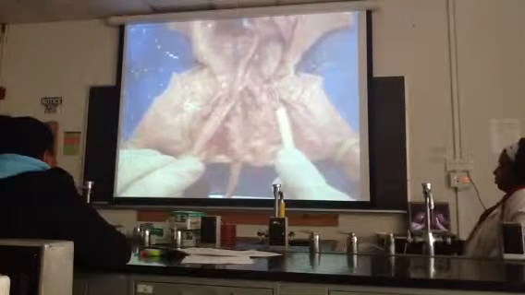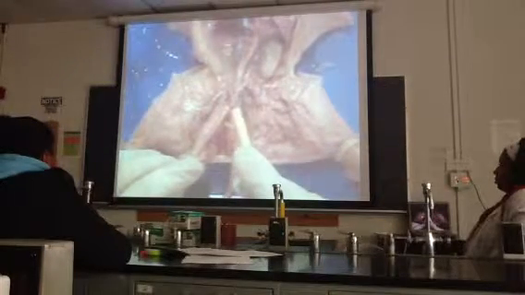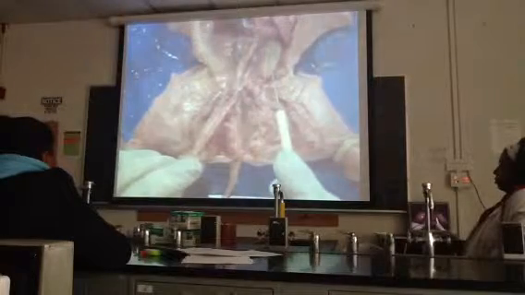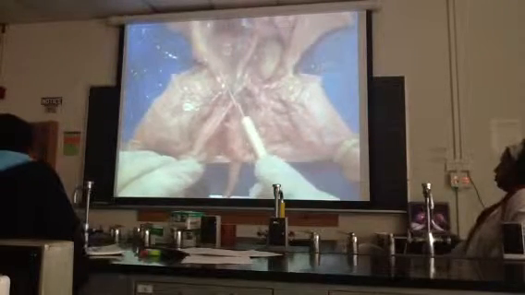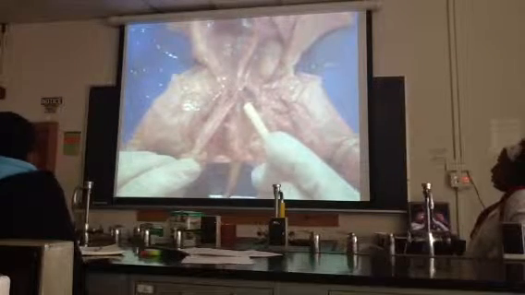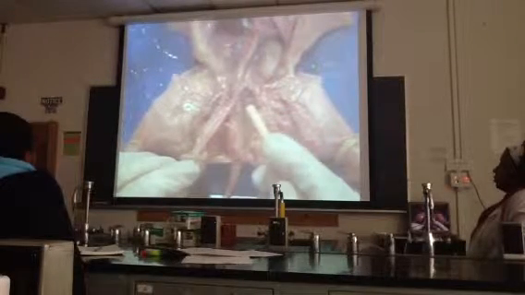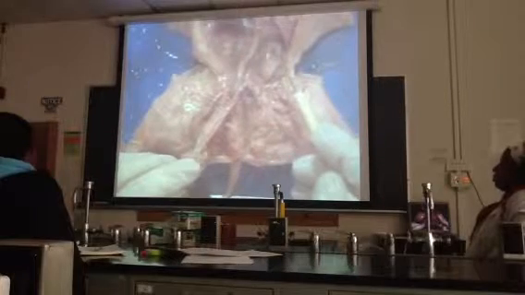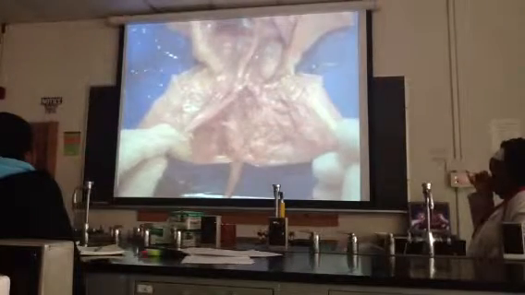Up here, in the dorsal wall of the abdomen, we see a pair of kidneys. These kidneys are covered with a tissue called peritoneum, and as a result are referred to as retroperitoneal. The peritoneum is still intact on this kidney. On this kidney over here, I've removed it to expose the kidney.